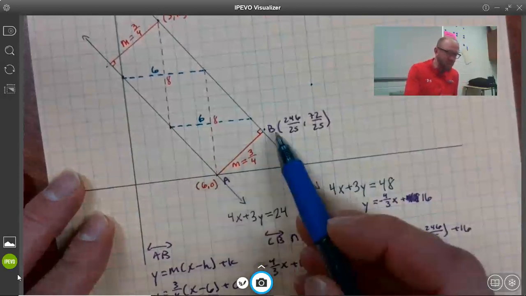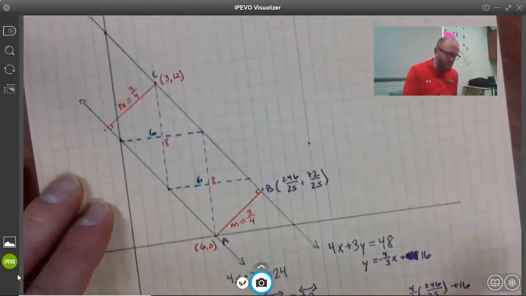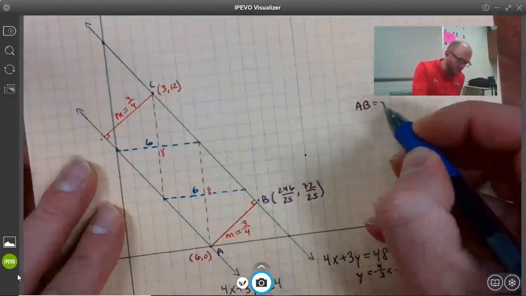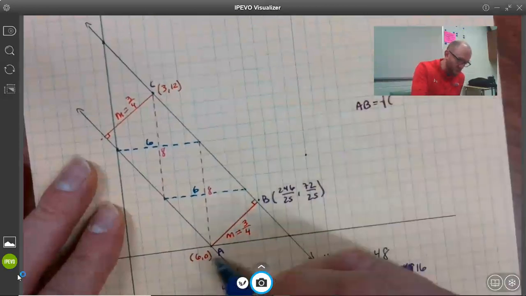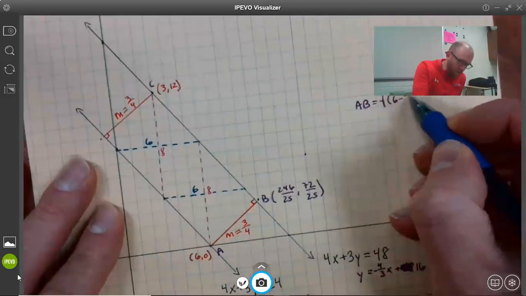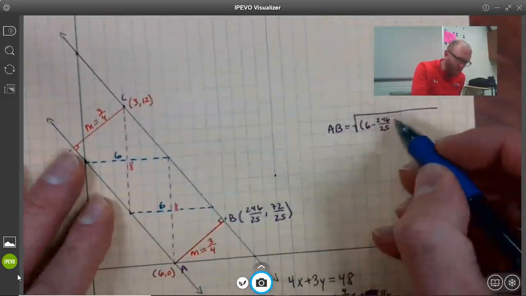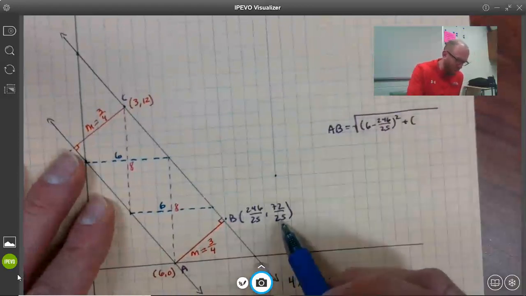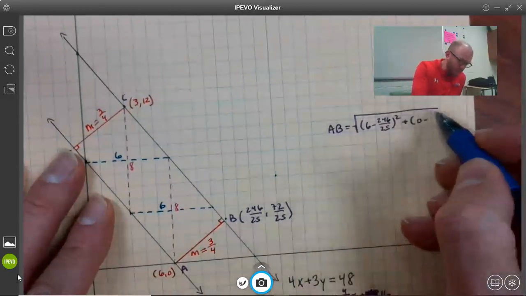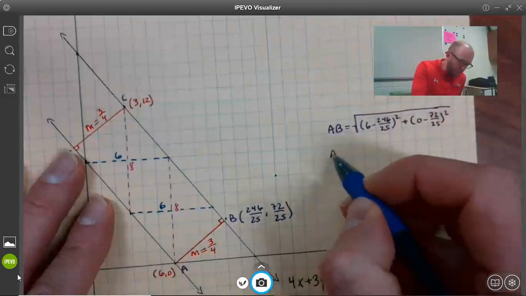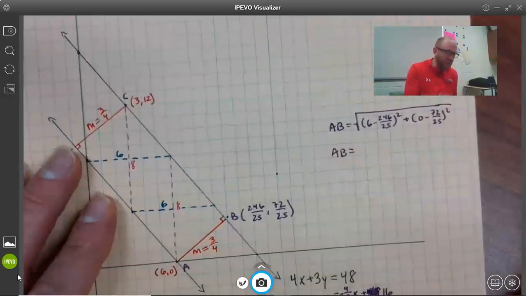Now we have to find the distance between these two. So AB equals the square root of (6 minus 246/25) squared plus (0 minus 72/25) squared, and this is just something we're going to punch into the calculator.